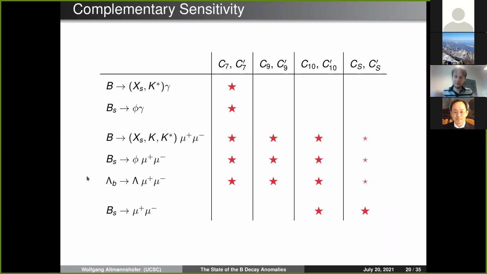Each process has branching ratios, angular distributions. Each of those measurements is done in several q-squared bins. So if you add all those up, you get something like 100 measurements that are included. I see. Thank you. Sure.